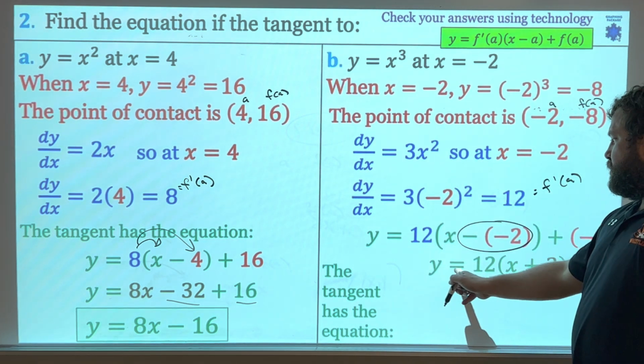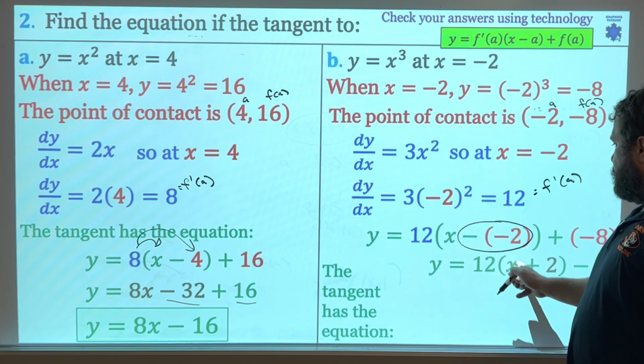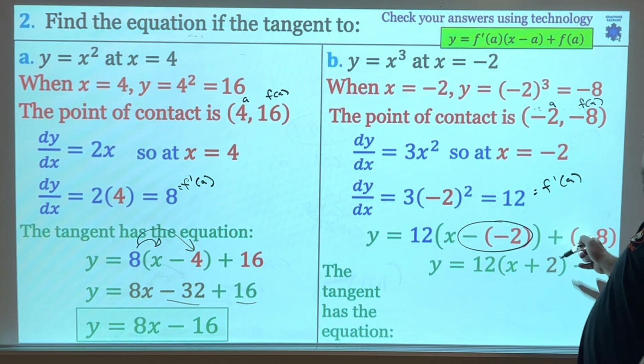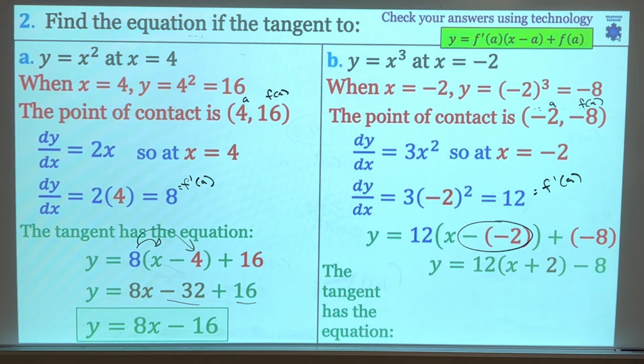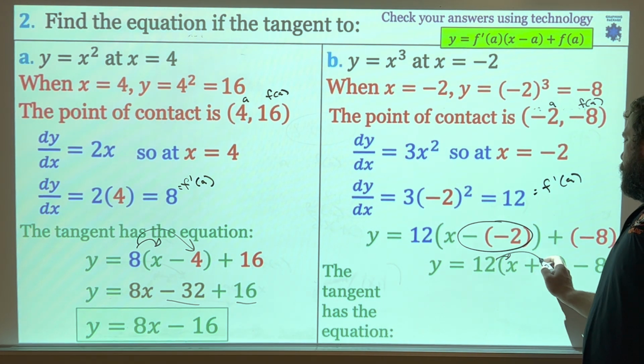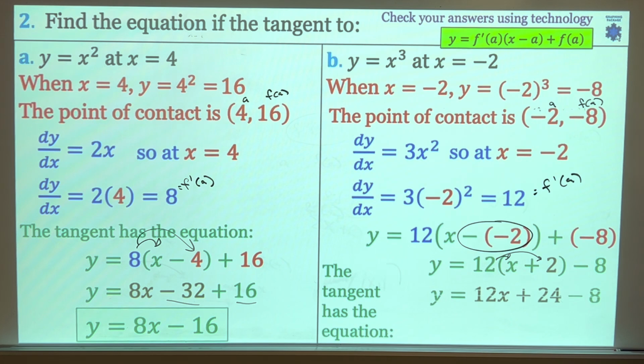So it's y equals 12 times (x plus 2) minus 8. After you do that, distribute your 12. Y equals 12x plus 24 minus 8. 24 minus 8 is 16, so y equals 12x plus 16. All right, that's A and B.